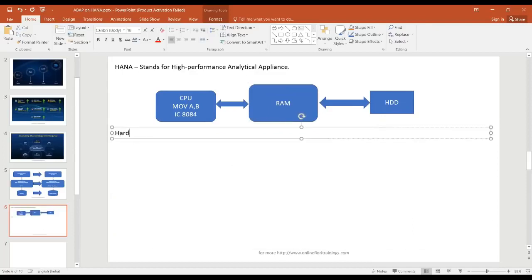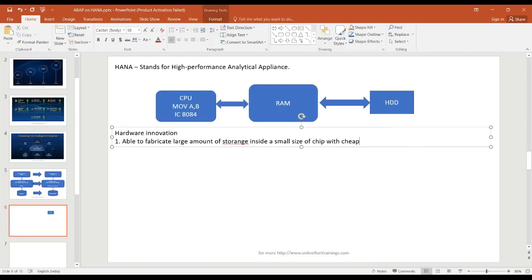What are all the hardware innovations which have happened over a period of time? The first innovation in hardware is being able to fabricate a large amount of storage inside a small chip at a cheaper cost. This is completely possible.